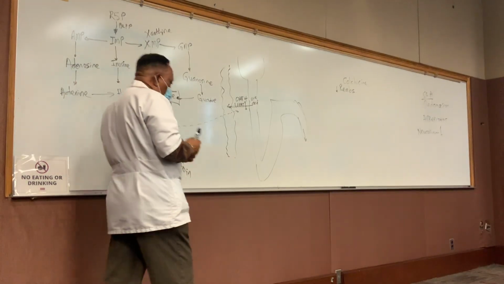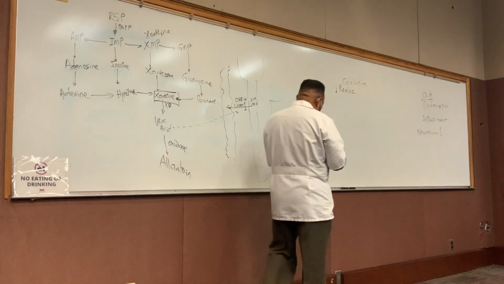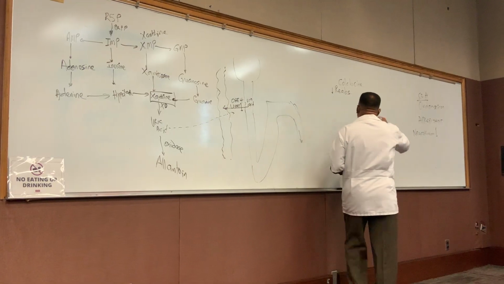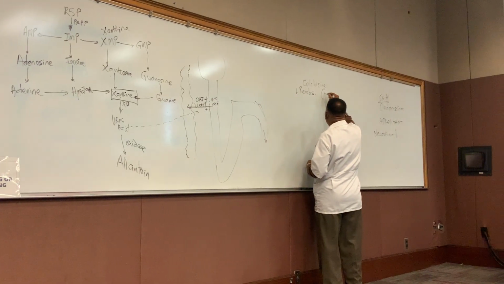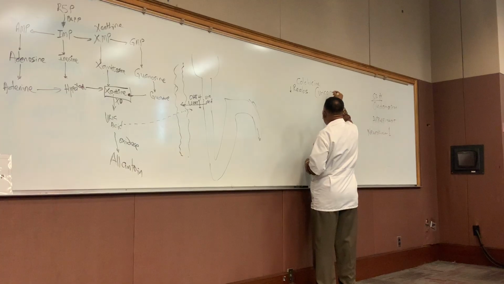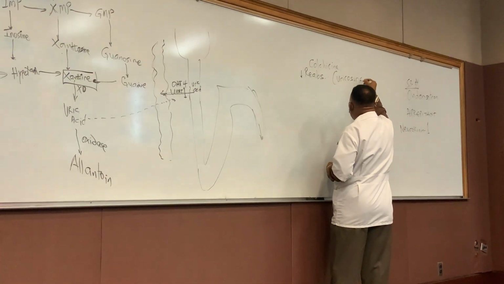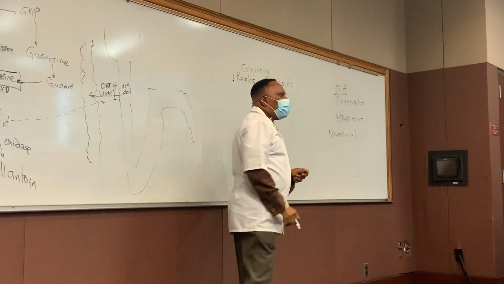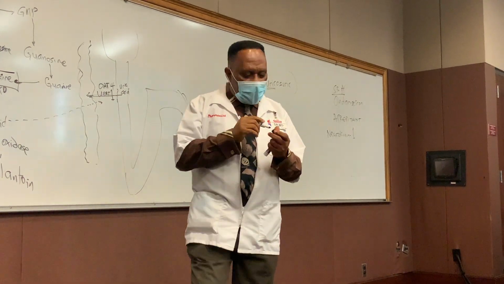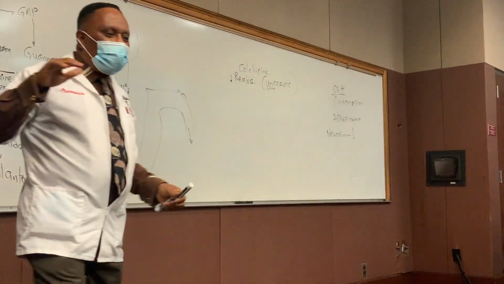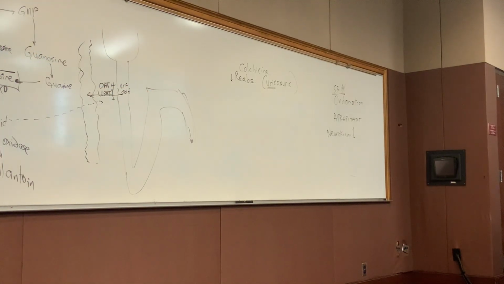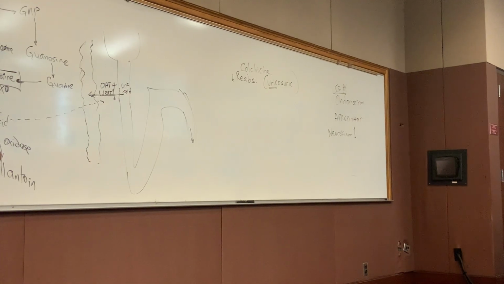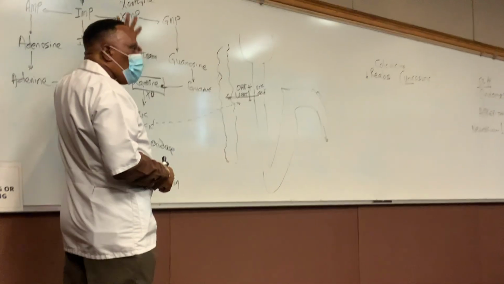And for that, you can use what is called a uricosuric agent. Decreasing the amount of uric acid that will be excreted. Okay. So that's how you can decrease the amount in the bloodstream.